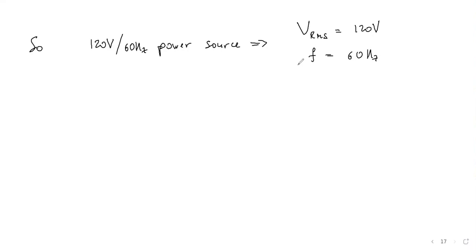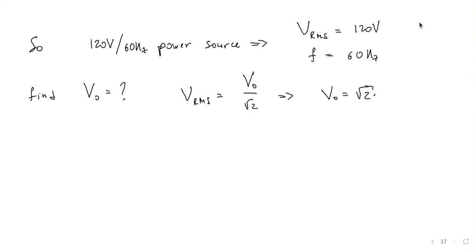So what would be the peak value? VRMS, of course, should be less than the peak value by square root of 2. So the peak value will be greater than RMS value by the same factor, by square root of 2.